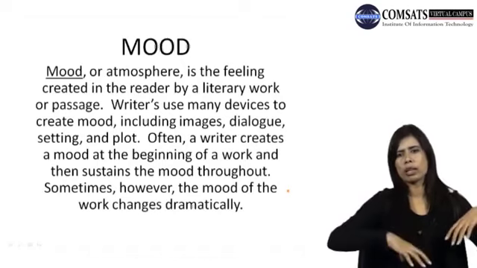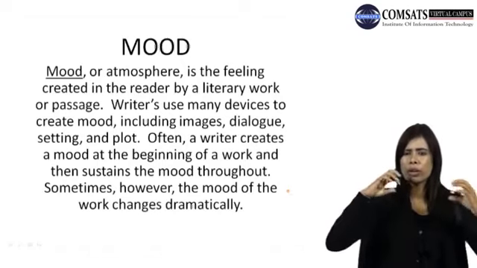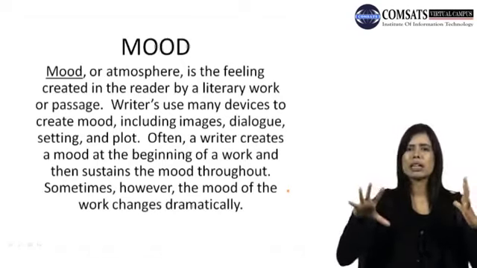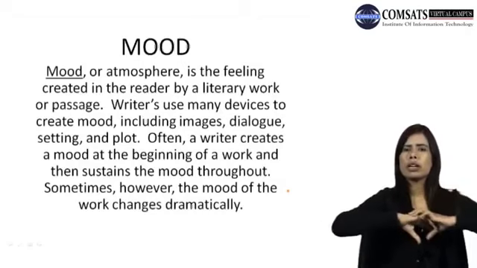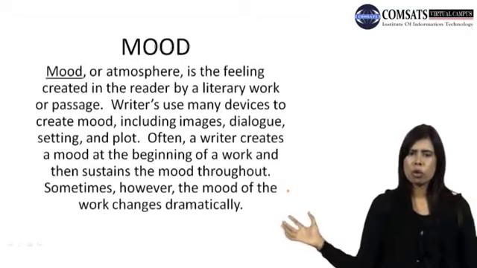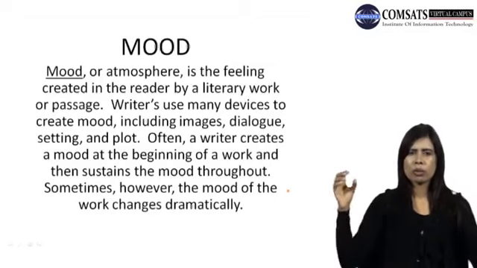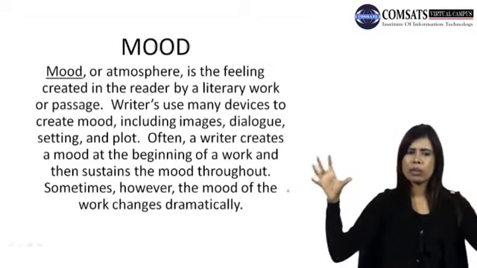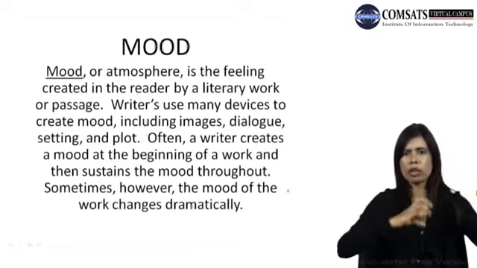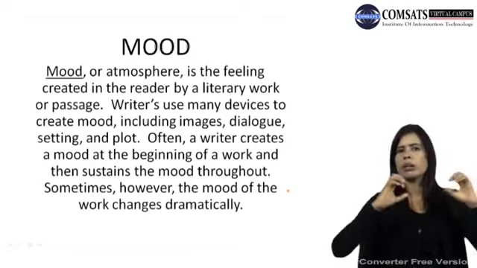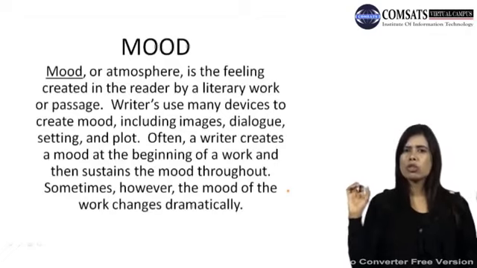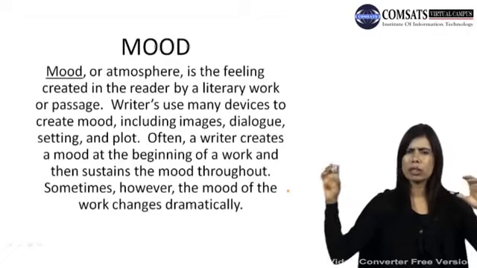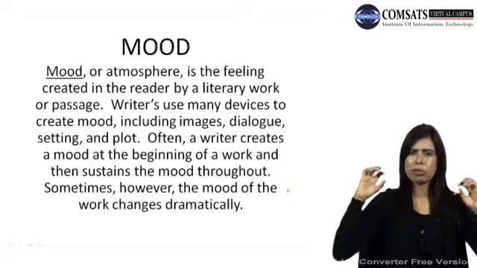If the reader is in that place, what would be his or her feelings at that time? Setting: for example, it was a very beautiful home where the heroine, or the hero of the novel, was standing, and there were fountains, pools, and many beautiful gardens. This is the description of the setting.